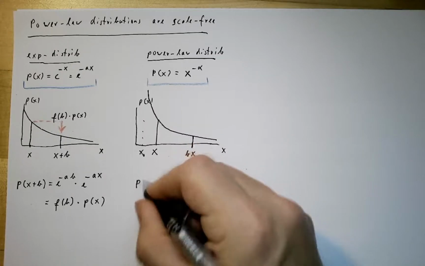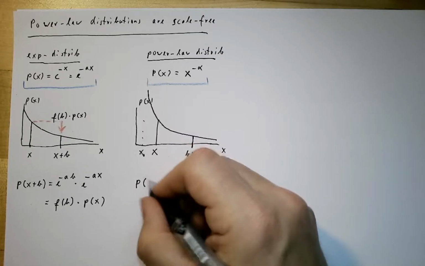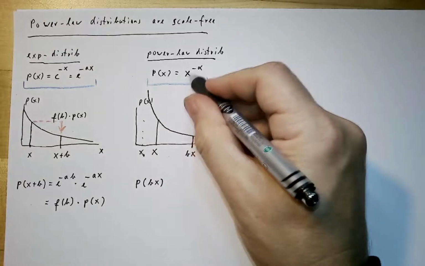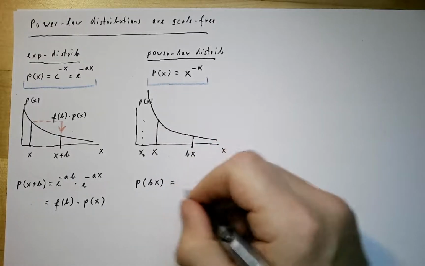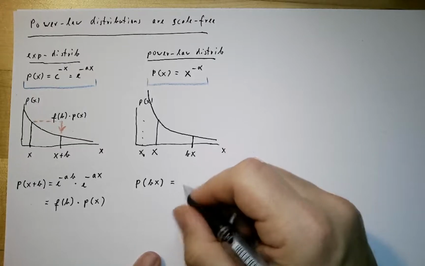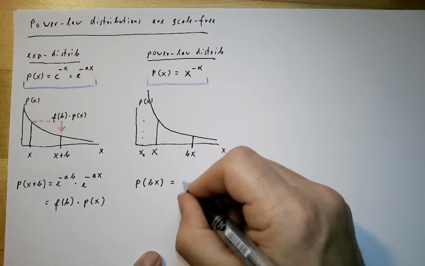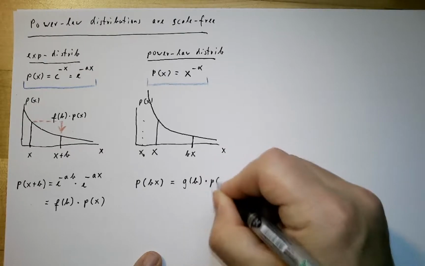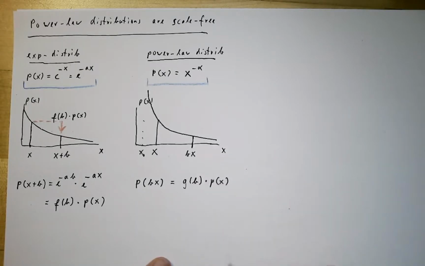And then if we plug this in, we see this is a function of b times the probability of x.